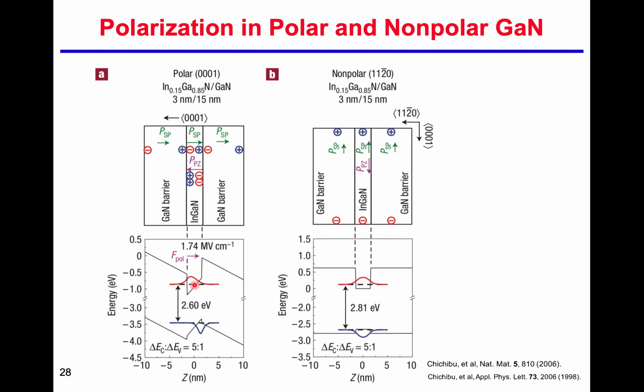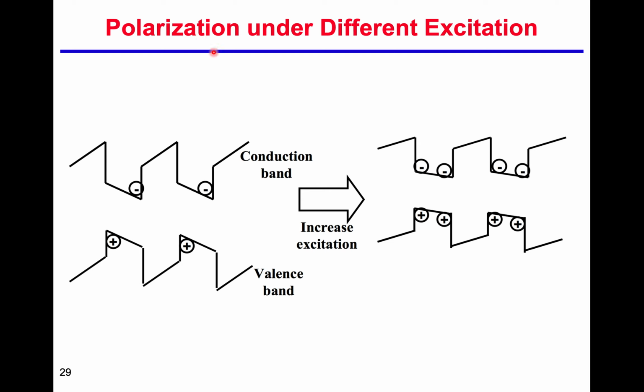So you can see the misalignment in space that will result in a reduced overlap integral. That will result in a reduction in the radiative efficiency, also the optical efficiency. So that will be the problem. If we have the polarization under different excitation, when we inject, for example, electrons, the electrons will go to the lower energy of the conduction band, so they will go to this side.